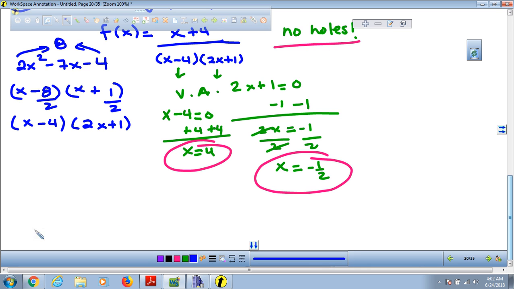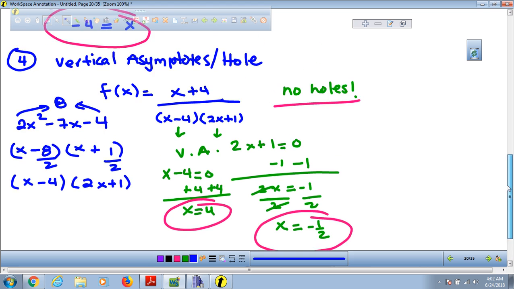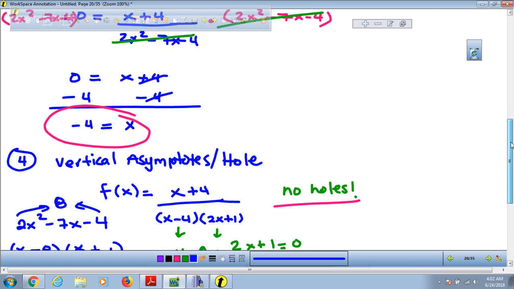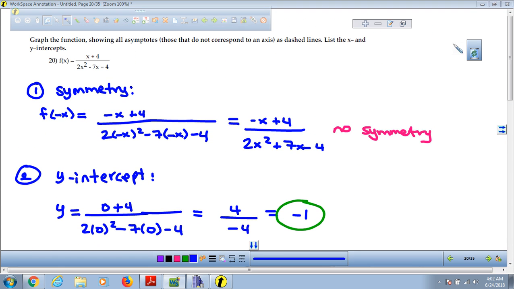Okay, the next thing, which is step 5, is finding the horizontal asymptote, if there is any. So for the horizontal asymptote, we look at the degrees, the highest exponent on top and bottom.